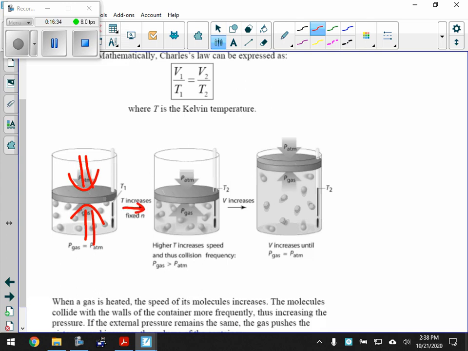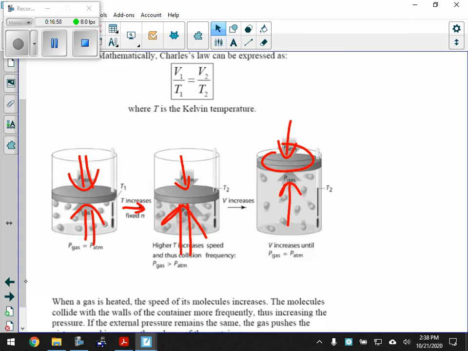So the temperature increases, they go faster, there are more collisions, and there's more pressure. Outside, there's not as much pressure. As a result, those two pressures are not equal, so the disk has to move up until the atmospheric pressure and this pressure equal out. It has to create more space until those two become equal. Good? Questions?